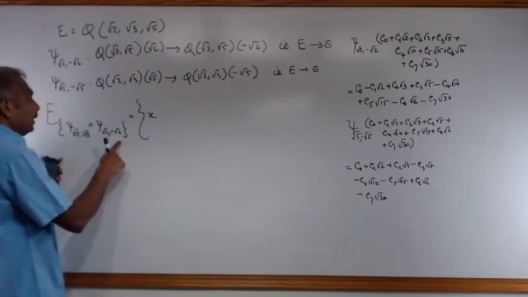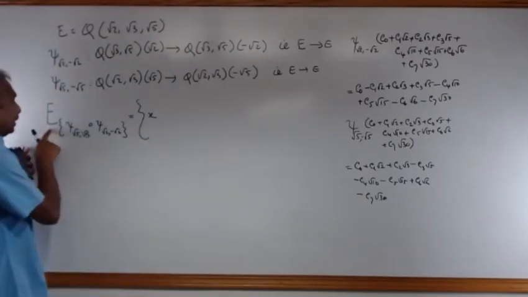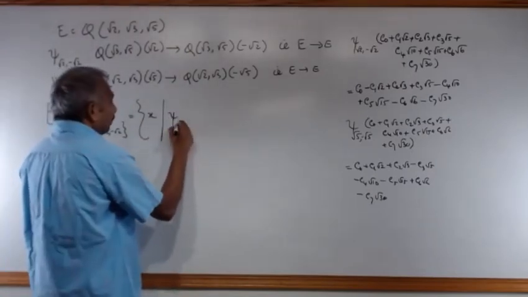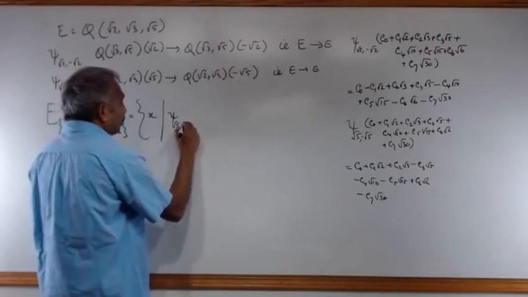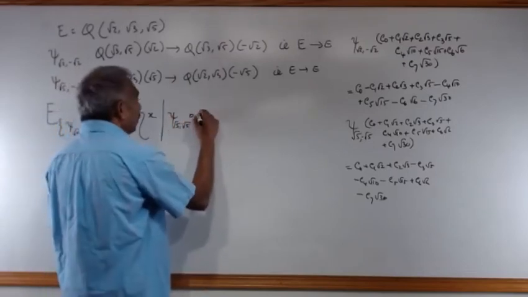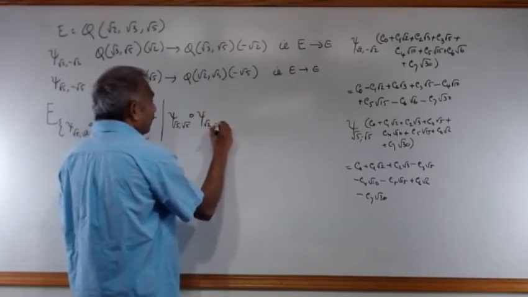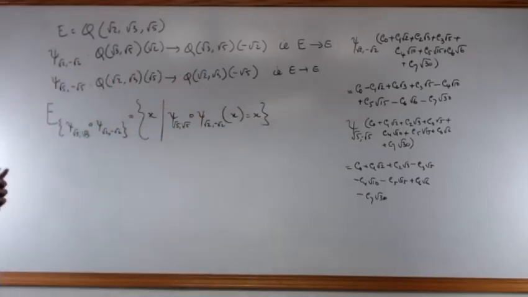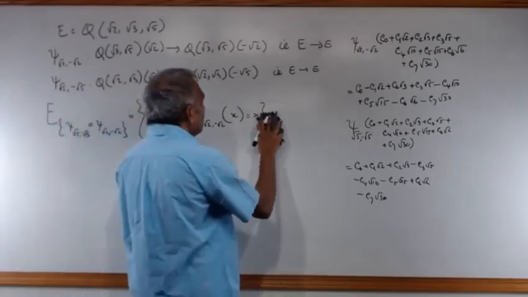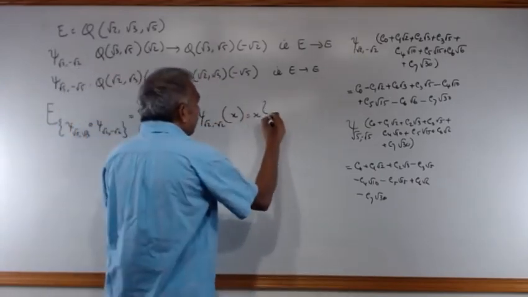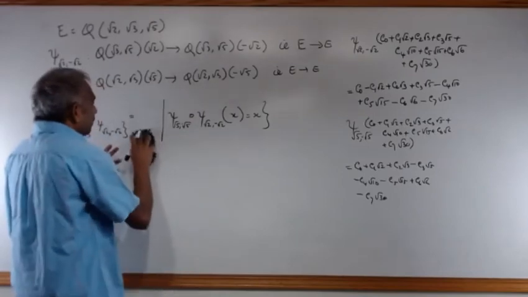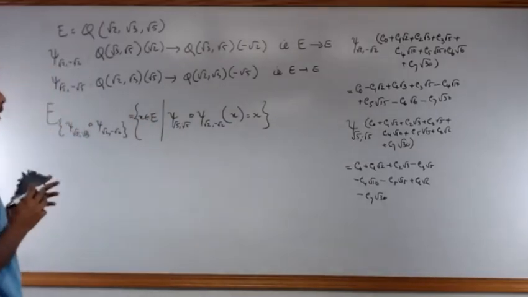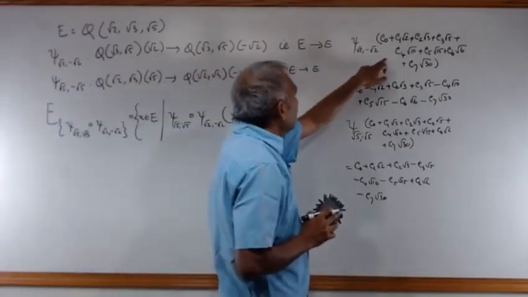So those elements from E that are fixed by this automorphism: psi of root 5 comma minus root 5 of root 2 comma minus root 2 of x equal to x, where x comes from E. And the general element of E is again this.